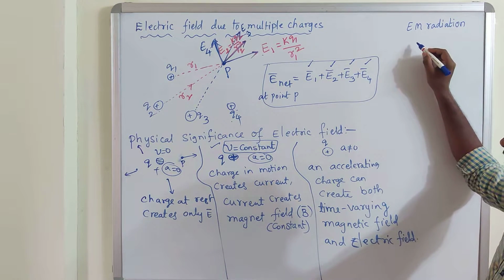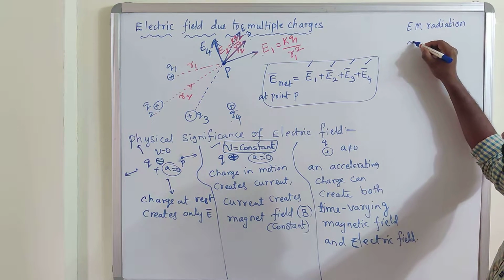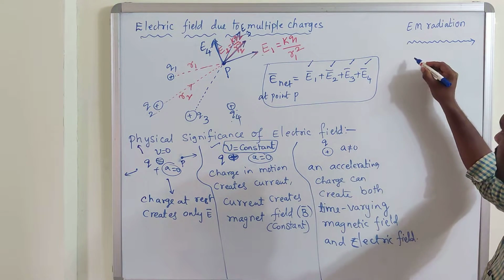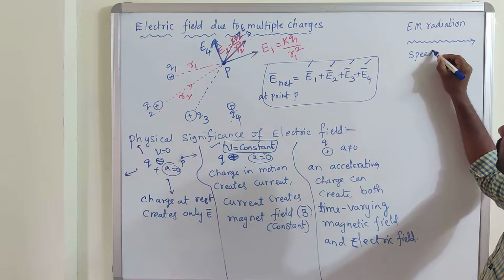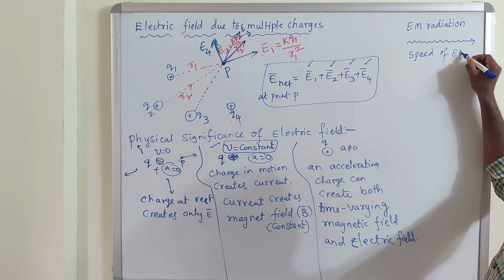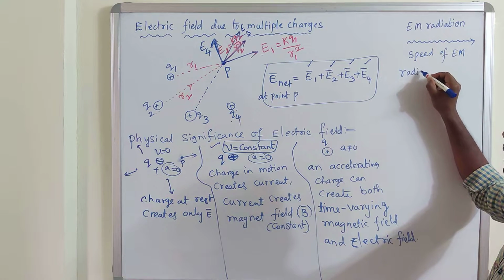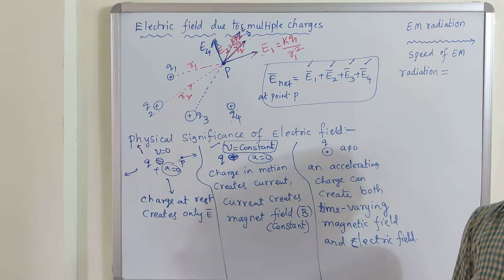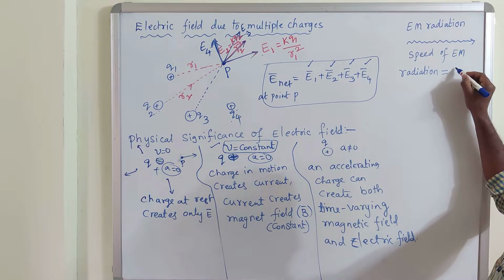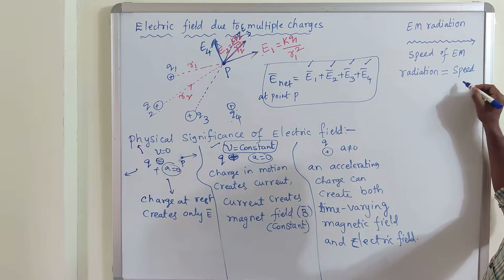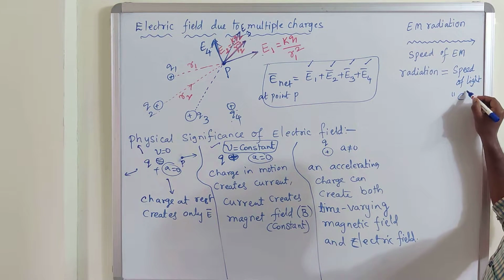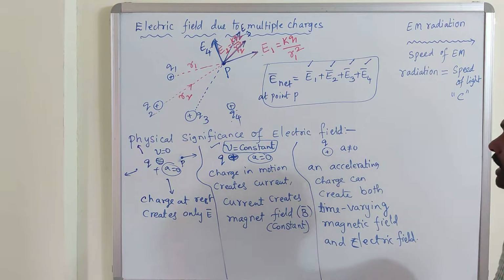Electromagnetic radiation can propagate with a speed of, you know, light waves are also electromagnetic waves. So speed of electromagnetic radiation equals speed of light c. ఎంత maximum speed ఎంత ఉంటుంది? Speed of light c తోని electromagnetic radiation propagate అవుతూ ఉంటుంది అన్నట్టు.